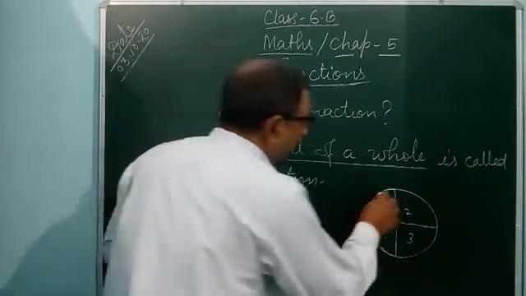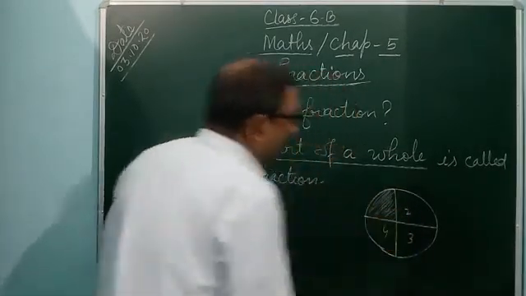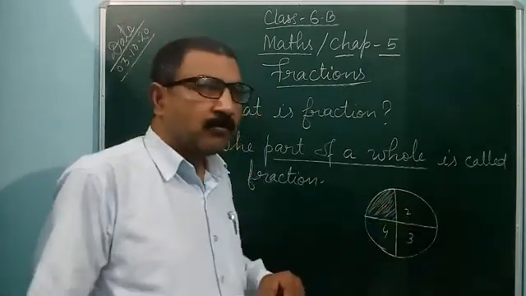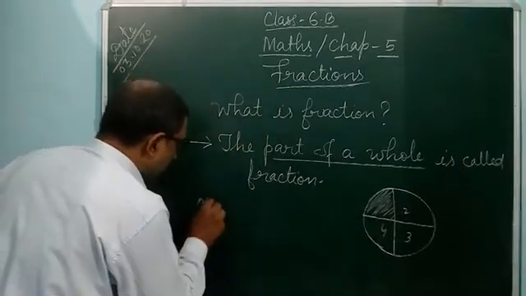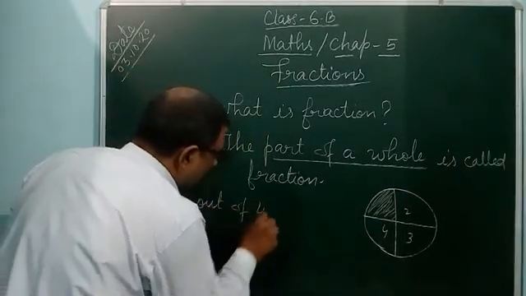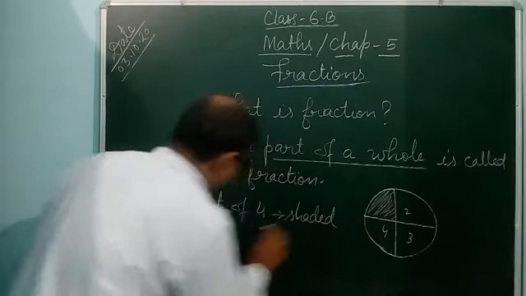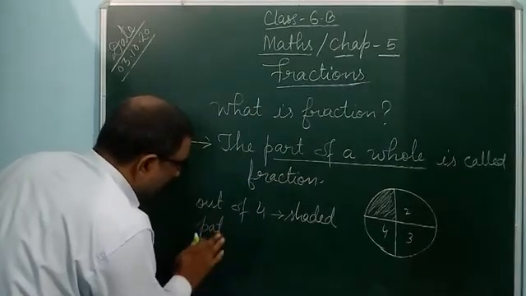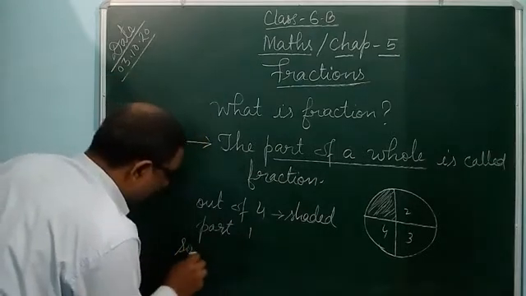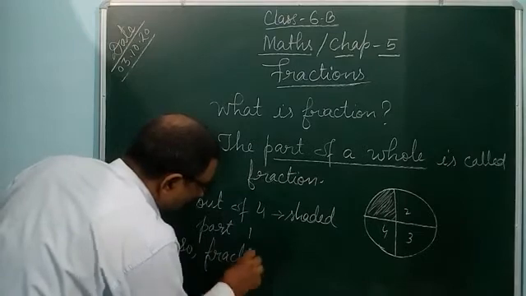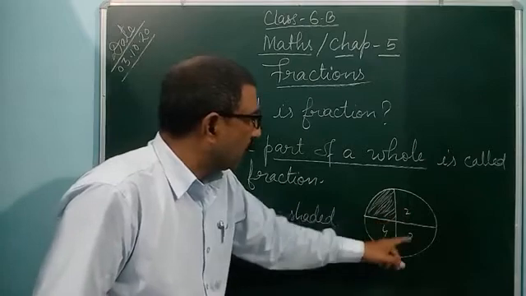If you are shading the first part, it means out of 4, one part you have shaded. So the fraction is out of 4, 1, 2, 3, 4.